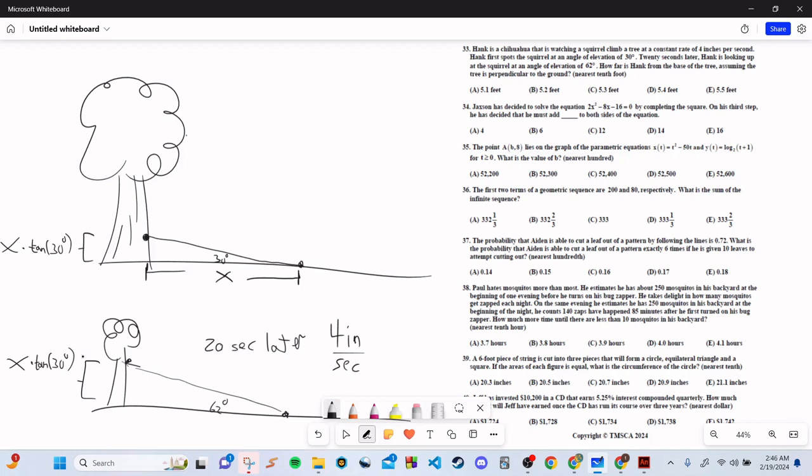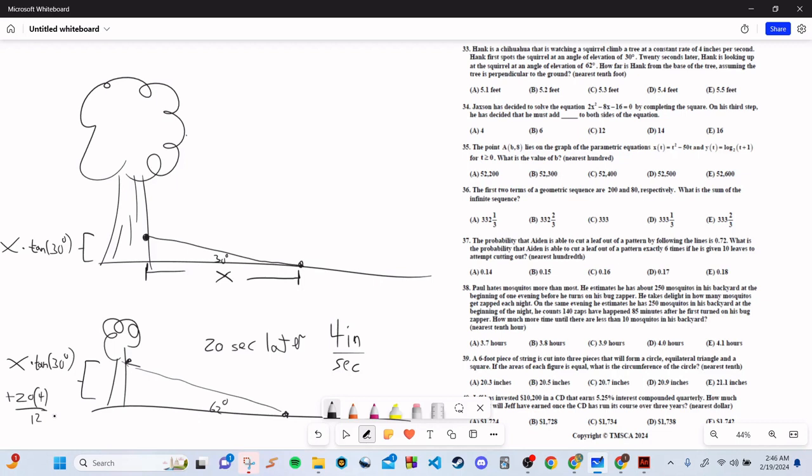So that means the squirrel gained the height of this initial value plus 20 times 4 inches. All of our answer choices are in feet, so I'm just going to divide this by 12. So it's 20 times 4 over 12 feet that were gained in the course of those 20 seconds.